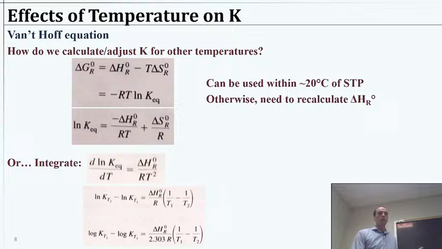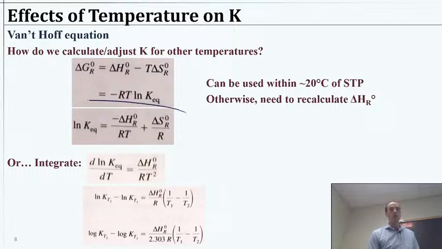So if we have delta G for some reaction, and we go back to the thermodynamic definition to say that's the change in enthalpy minus the temperature times the change in entropy, we also have said that we can relate that to RT ln K. Well, it turns out that we can rearrange it to solve for a new ln K, if we know the enthalpy and the entropy, with this equation.